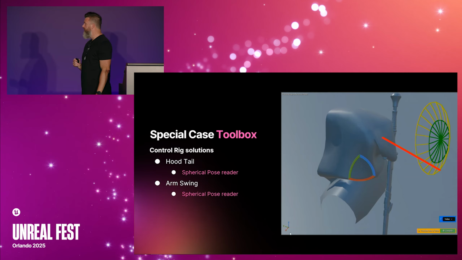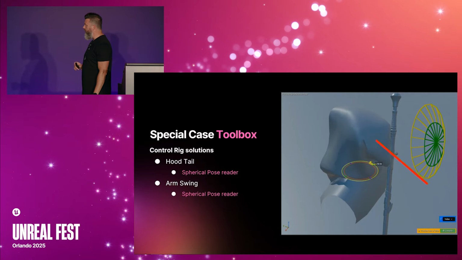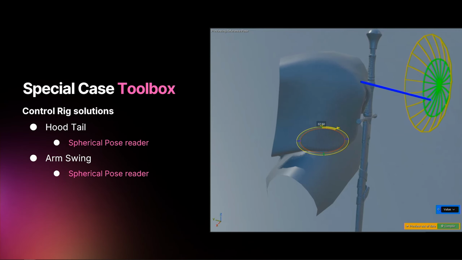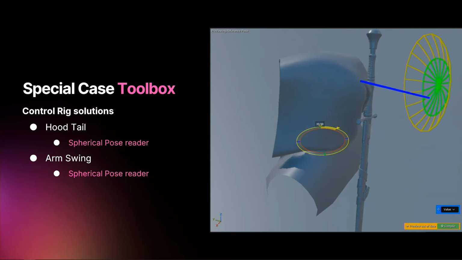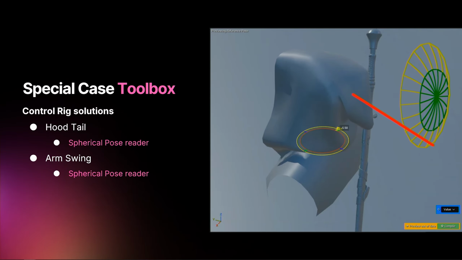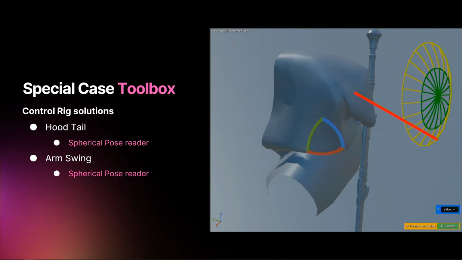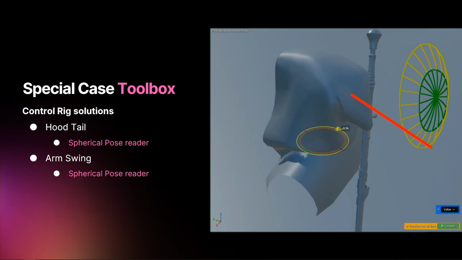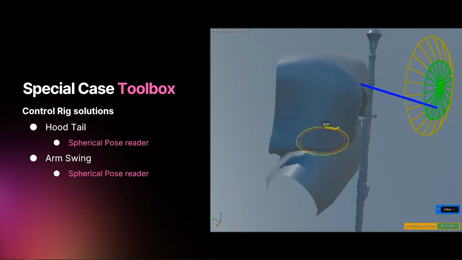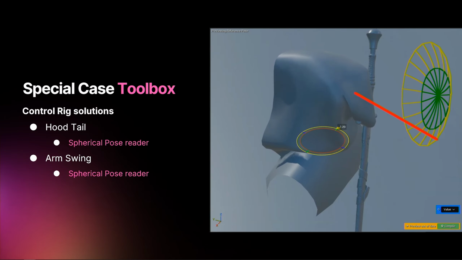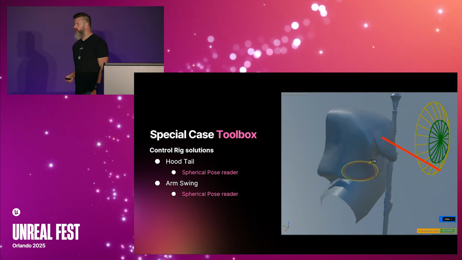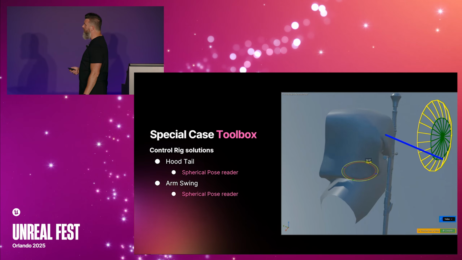With the spherical pose reader in the animesh itself, I set up that vector, and you set up the sphere and the green spots where it's 100%, and then it fades off based on that. So as she turns her head, I physically animate that tail down to get it out of the way and to help the cloth and collision not have to fight so much against the capsule for the scabbard.